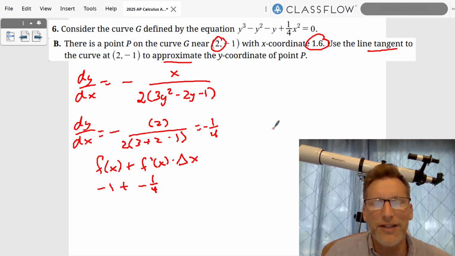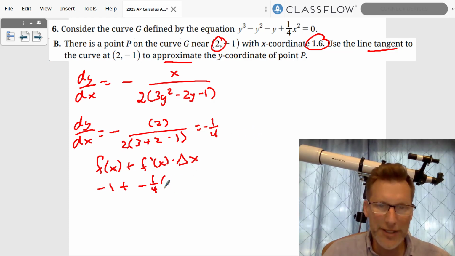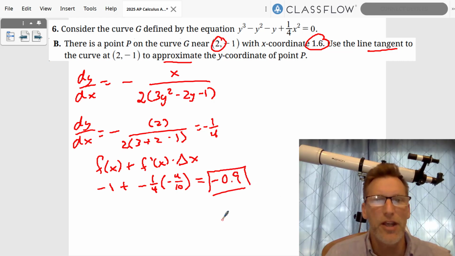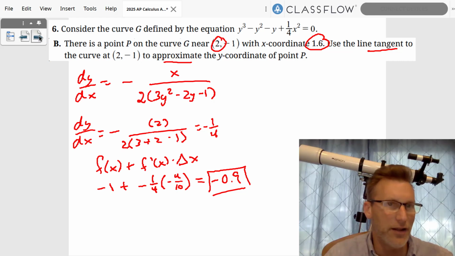We're going to 1.6, which means we're going down by 0.4, or we're going down by 4/10. That's the same as 0.4. You can see the 4's cancel out, the negatives cancel out, so we have negative 1 plus 1 over 10. That's negative 0.9, and that is the approximation using the tangent line.